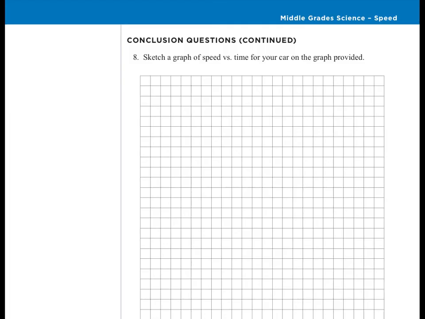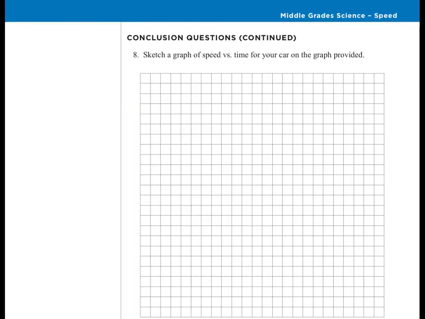Number 8 says sketch a graph of speed versus time for your car on the graph provided. Now, to get the speed at each point so we can do a graph, we are going to need to go back to our original data table and again divide distance by time. And what you'll find at each point is that your velocity is pretty much constant. It's pretty much the same number.